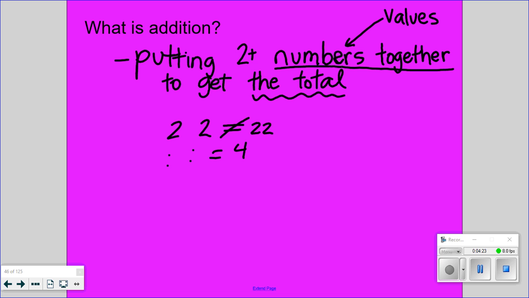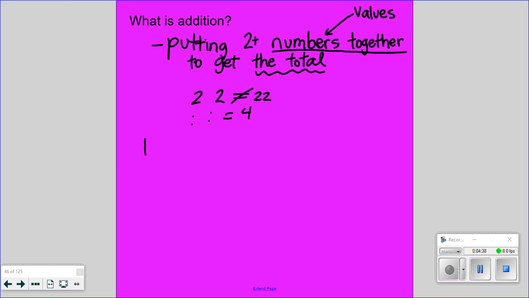In second grade, on a number line, addition is always moving what direction? Forward. Forward. Let's draw a number line. We know how to draw a number line.